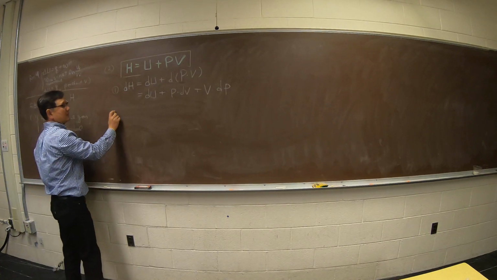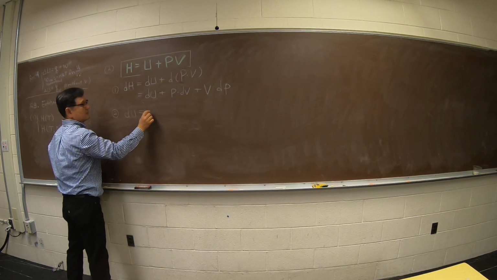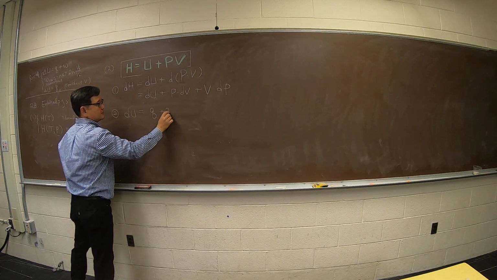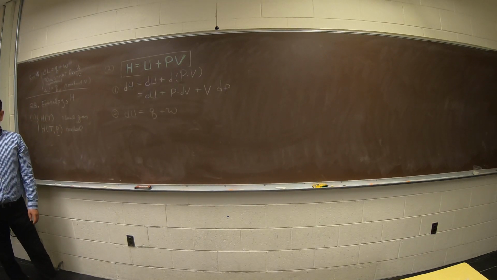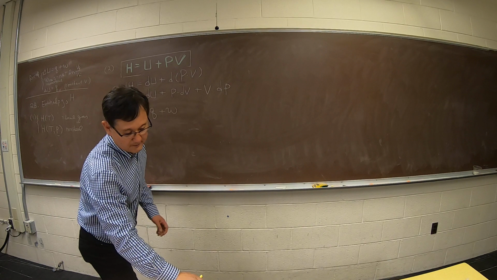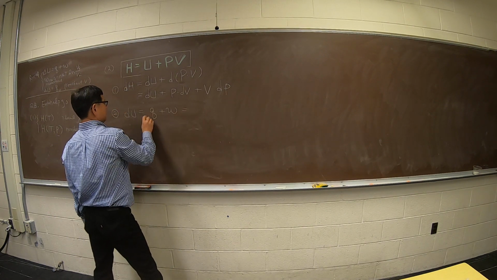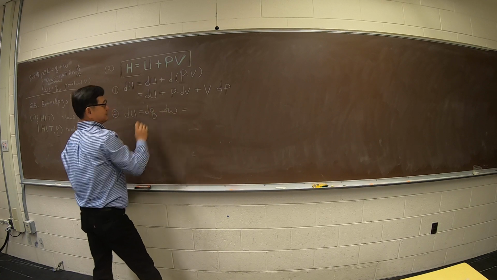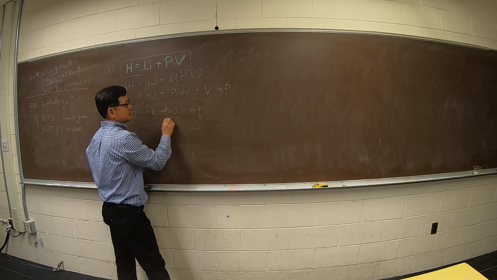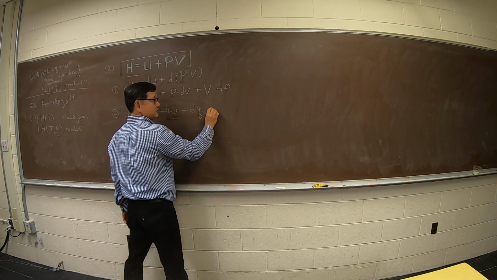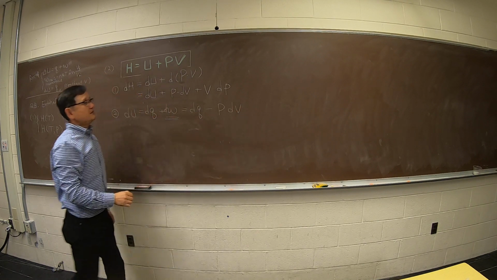What about the second equation? You know dU is q plus w, right? So dU equals dq plus dw, whichever. Here dq, and for this one I put a reversible work as minus P times dV.